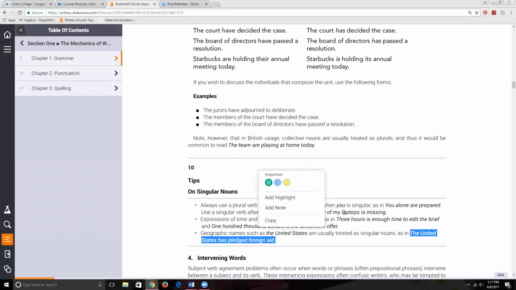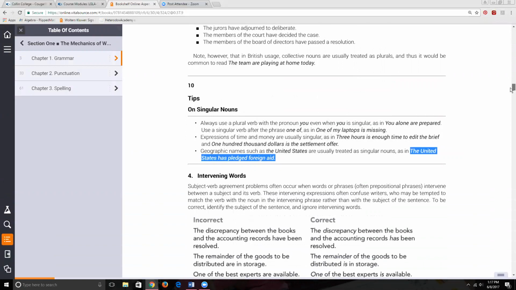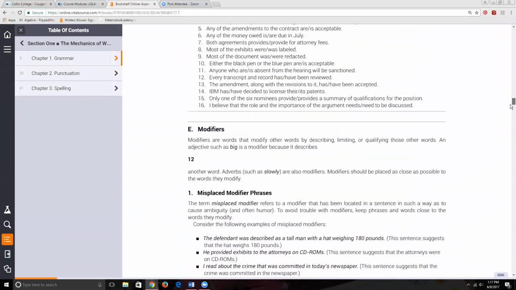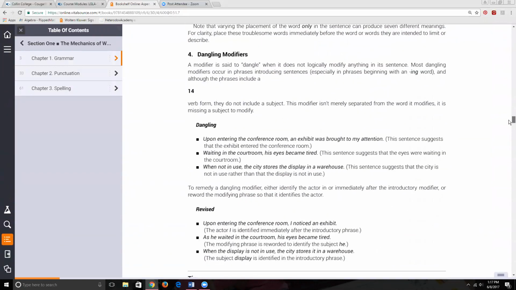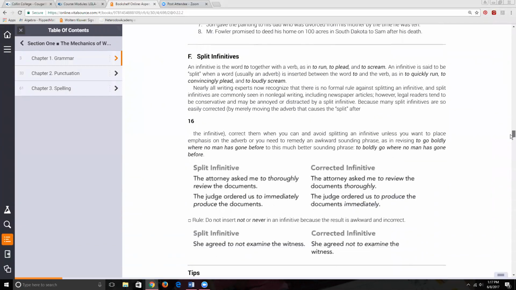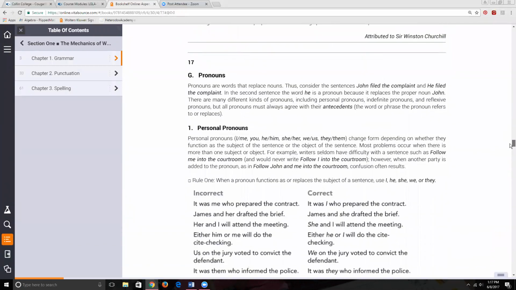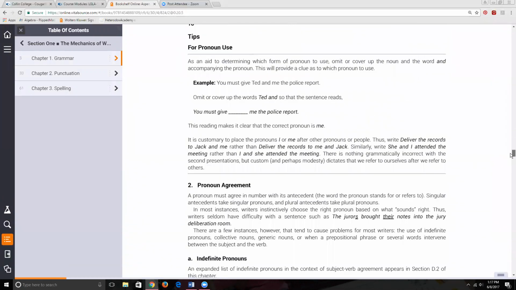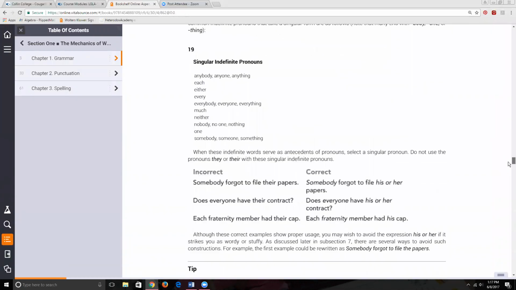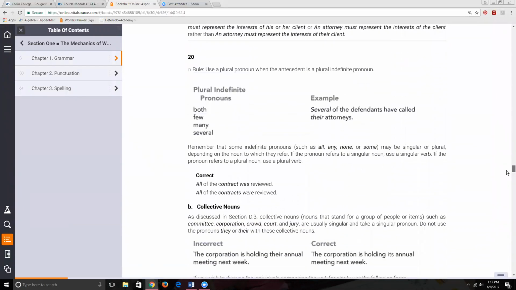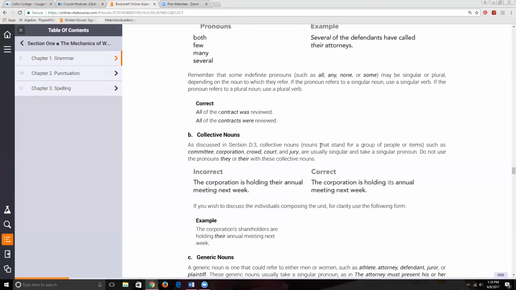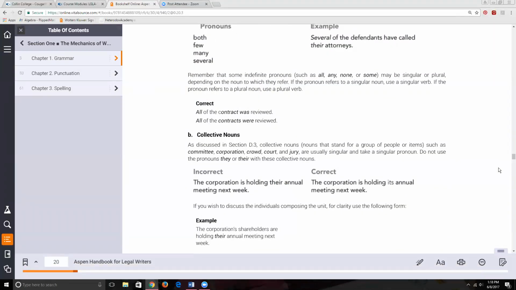Okay, so we are done with the subject-verb agreement section. And really, the other section that we're going to talk about is addressing exactly the same issue, but from a bit of a different perspective. So we're going to go here to, if you have edition 4, we're on page 20 now.